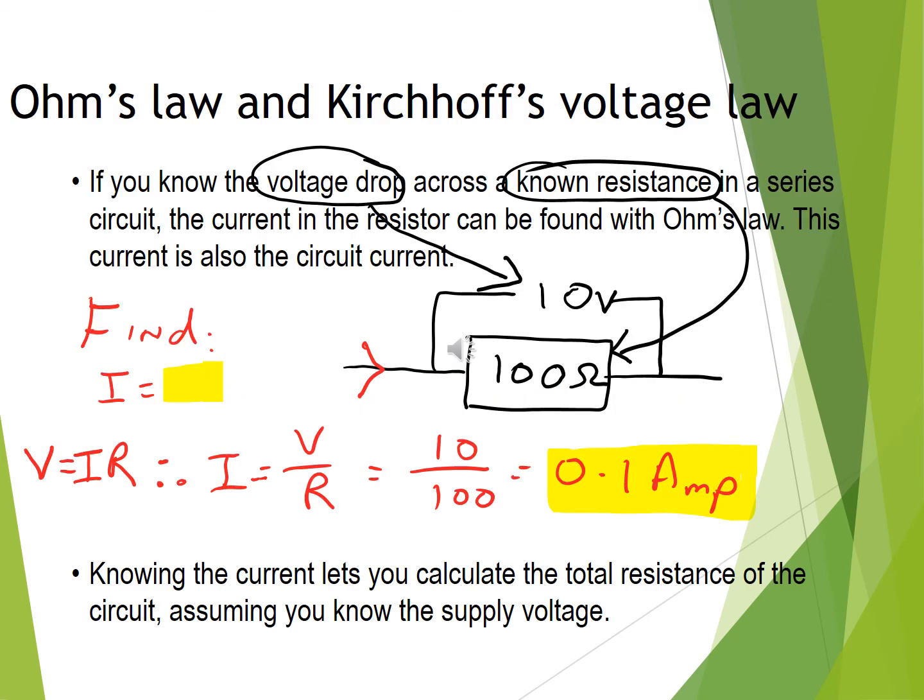By calculating the current in this circuit, shown by the scribbly black text on it, if we have 10 volts across a 100 ohm resistor, we can work out that there is 0.1 of an amp flowing through that resistor. The interesting thing here is that the current in a series circuit is constant, so all other resistors in that circuit would also have 0.1 of an amp flowing through them.